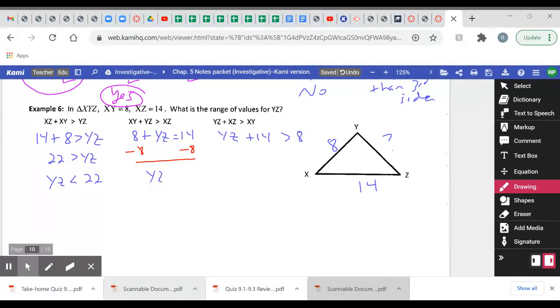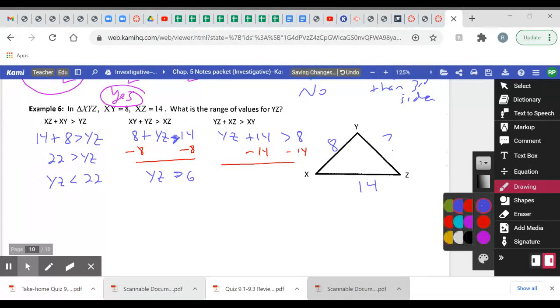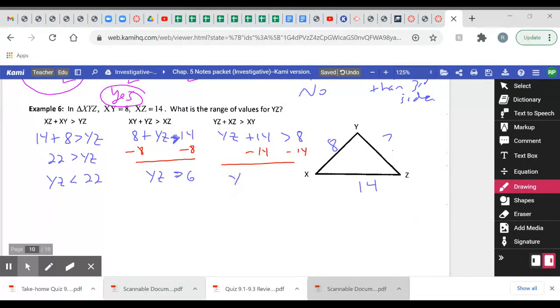So I'm left with YZ is greater than 6. I didn't mean equal to, I meant greater than 6. Turn that into a greater than symbol. Then in my last scenario, I can subtract 14 from both sides. So I end up with YZ is greater than negative 6.